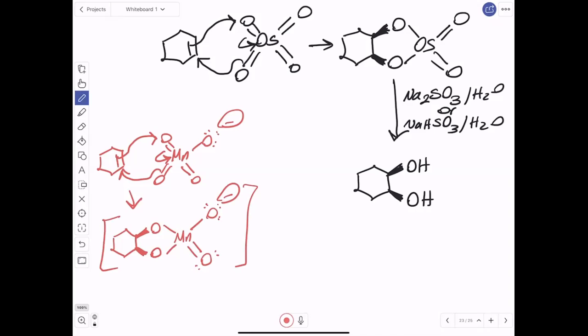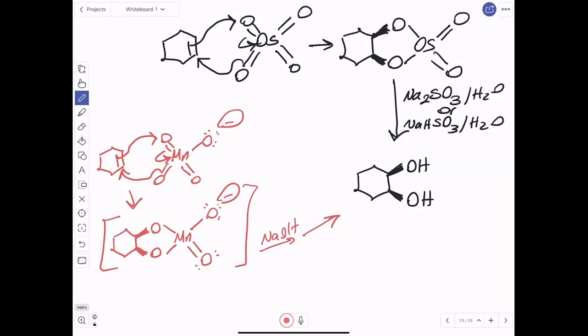And then we add sodium hydroxide. A few steps give the product. Applications of permanganate are limited. Osmium tetroxide is better because permanganate can react with some other functional groups as well.